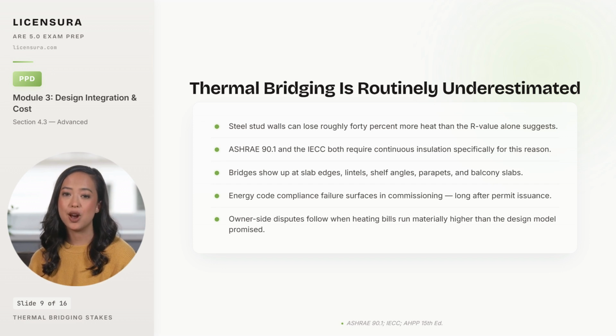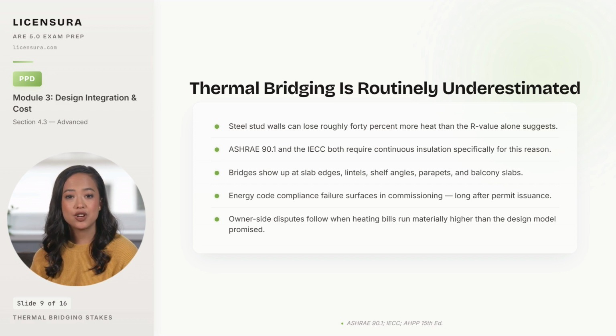A steel stud wall with continuous insulation can lose roughly 40% more heat than the R value alone suggests, because every steel stud is a tiny radiator passing heat from inside to outside. ASHRAE 90.1 and the IECC both require continuous insulation specifically to address this. They recognize that traditional cavity-only insulation overstated wall performance by margins that hurt national energy targets.